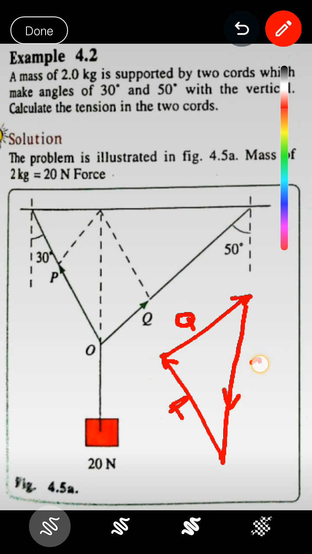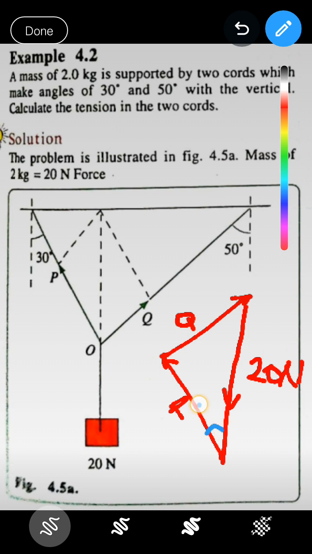So this is the 20 Newton force. So we have represented it in form of a triangle, and we know that P and Q are inclined to the vertical at 50 and 30. So P is inclined to the vertical at 30. This will now be our new vertical.